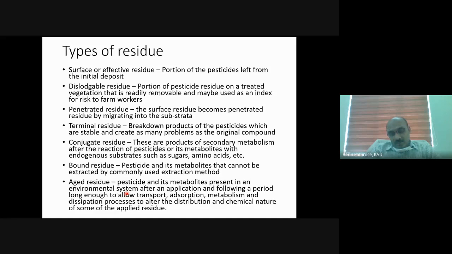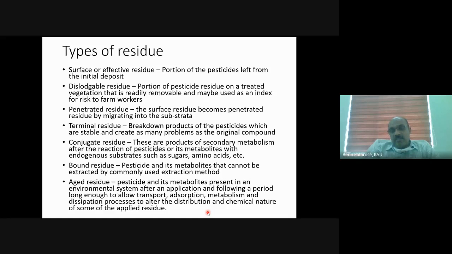And then the next term is bound residue. Bound residue is nothing but pesticides or its metabolites which are not easily extracted by the usual extraction method. Whenever we go for pesticide residue analysis, we use a step called extraction. Extraction is nothing but extracting the residue from the substrate.